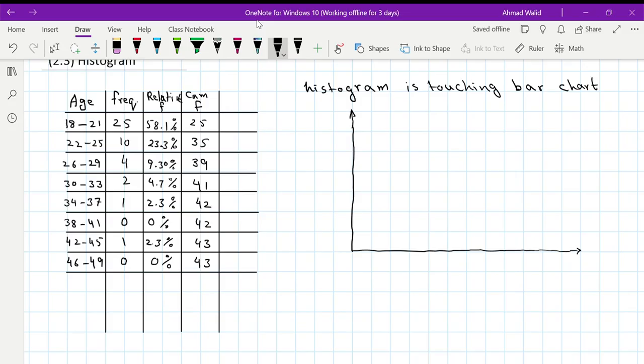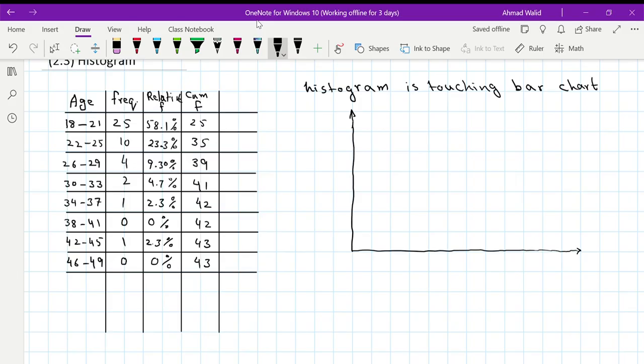Usually in mathematics, you see four of them. Your horizontal has two sides, the negative side, the positive side, and your vertical axis also has two sides, the positive and negative. But here, actually, we are just using the positive of x and y, correct? But we don't name them x and y.